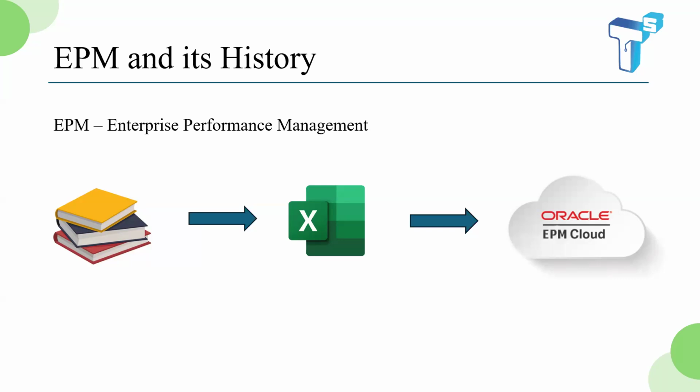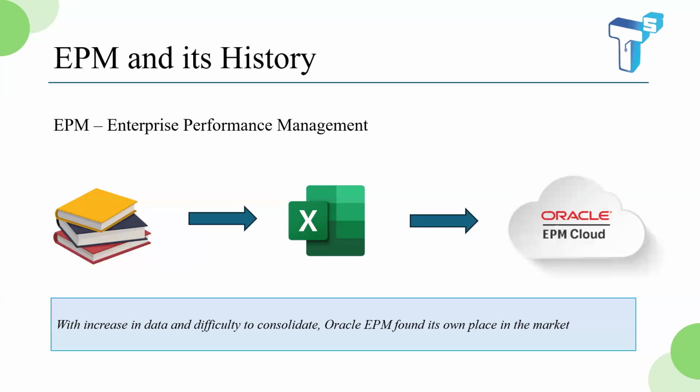So this is how the Oracle EPM Cloud found its own place in the EPM world. Oracle EPM is enterprise performance management, and this was the necessity that Oracle saw and bought this EPM cloud application. So this is the evolution of EPM, and this is the history behind it.